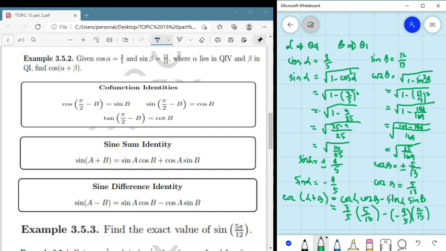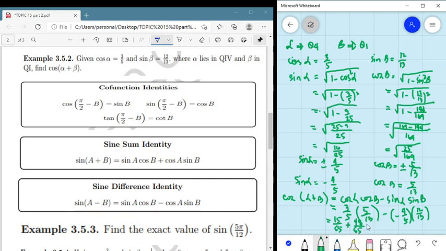Simplifying, this will give us 15 over 65. And for this one, negative times negative, 4 times 12, would be positive 48 over 65.